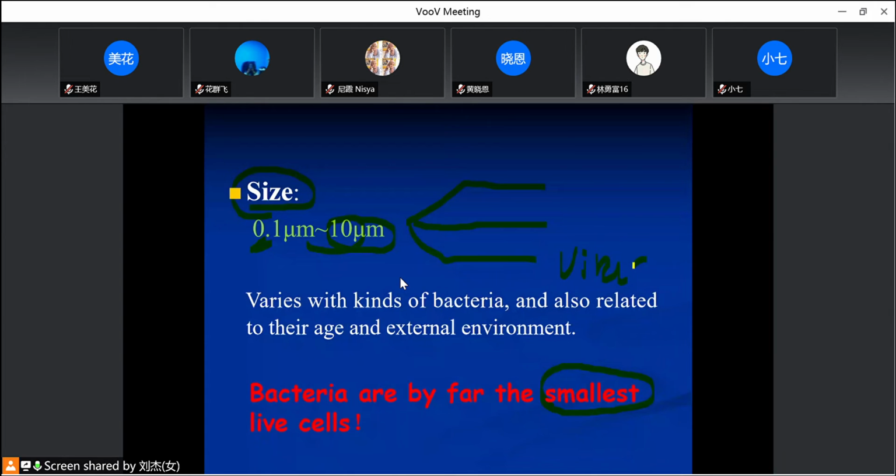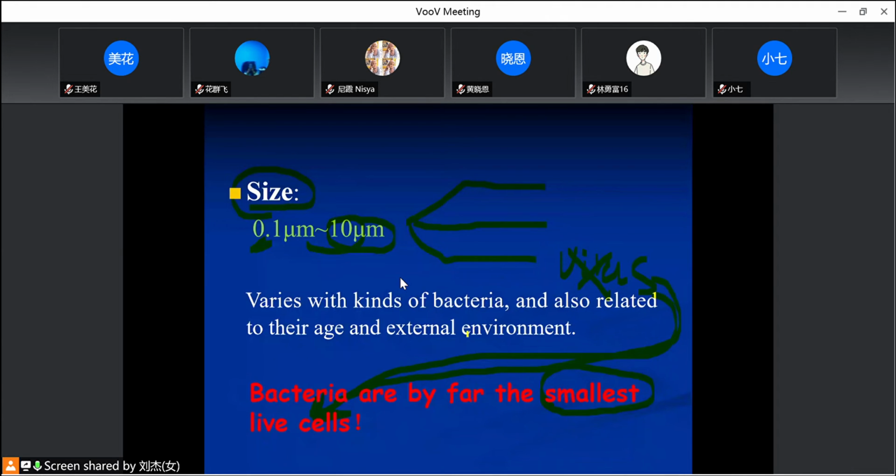However, viruses do not belong to living cells, because viruses cannot be grouped into a cell, as they lack some critical organs which can form a cell. So viruses aren't cells. In this way, bacteria are the smallest living cells.